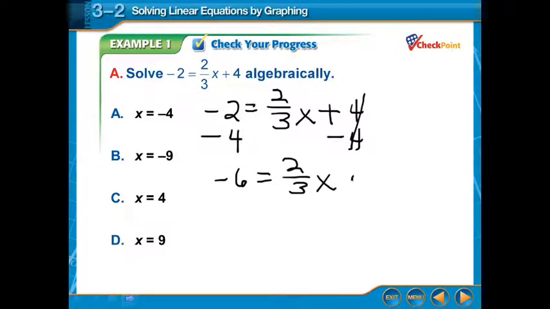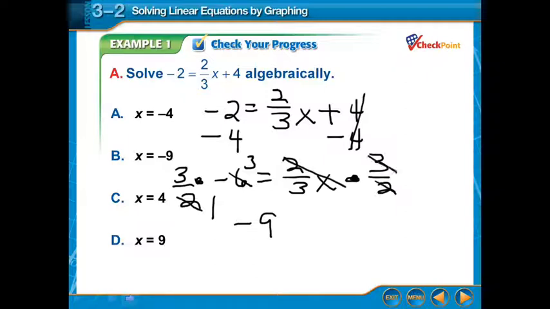Multiply both sides by the reciprocal of 2/3, which is 3/2. I'll simplify here, and I get -9 equals x. And so that means that that is the x-intercept.